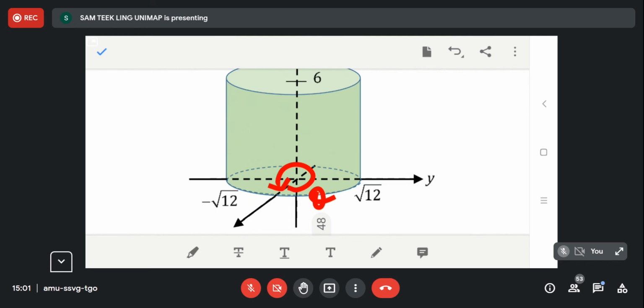So for this form, after you put in your limits, you still cannot integrate this one. Your r must be multiplied inside. So it will become 2r plus r squared sin theta plus rz, dr d theta dz.